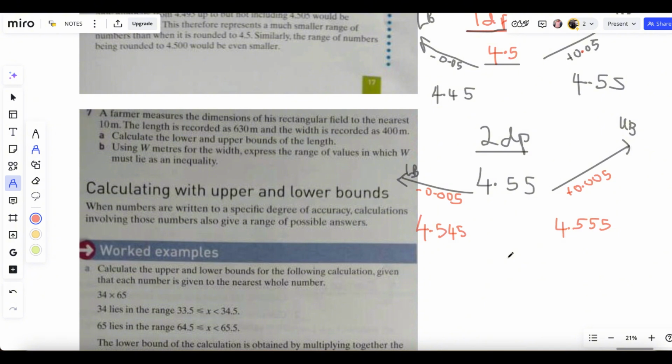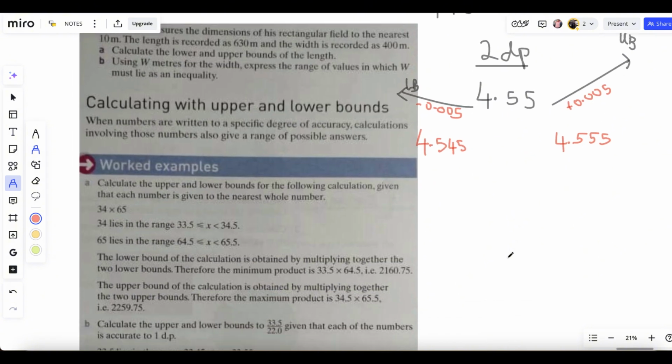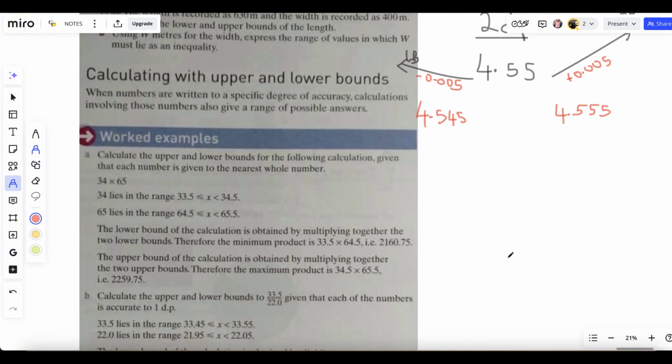Now, the application. How we do it for plus, multiplication, and division is what matters. For division, in the exam, what Cambridge will give you is quite different. If they ask you to multiply, upper bound is easy. Let's say, for example, find the upper bound of the product of 65 and 34.